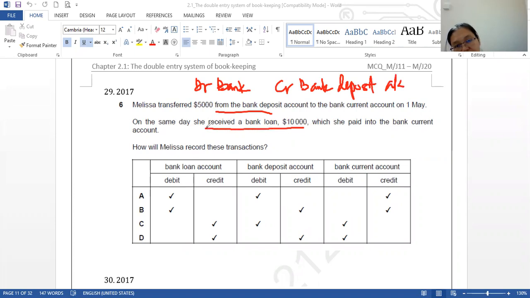Here, receive a bank loan means debit bank, credit bank loan. So this is a repeated question. So you will have bank loan credit, deposit credit, bank debit.